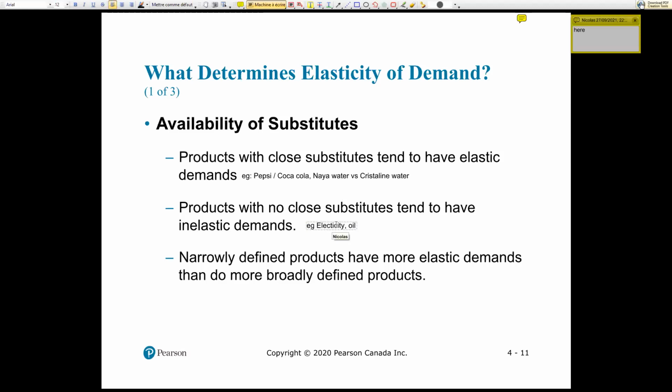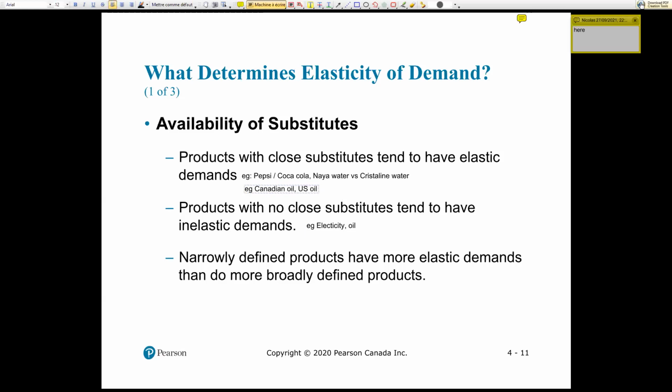I'm talking about electricity in general or oil in general. But if I'm saying something like Canadian oil versus American oil, where do I put that? I put that here, as an example. Here I'm not saying substituting oil. I'm saying if I'm buying oil from Canada or from the US, then these are close substitutes.